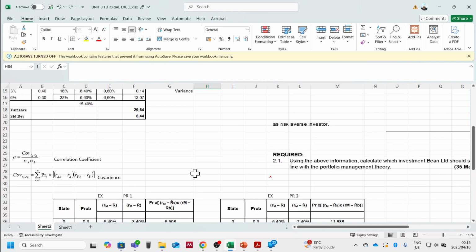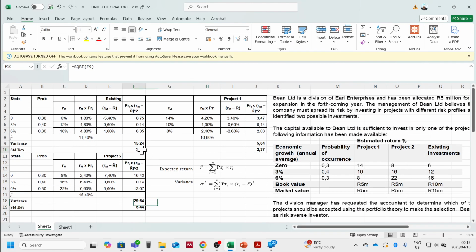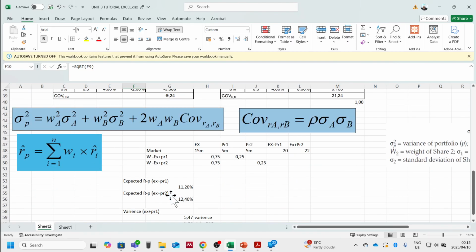When we go up here, we said that our risk was sitting at 3.9% and our return at 11.4%. By choosing project 1, the expected return will now be 11.2%, a slight decline of 0.2.